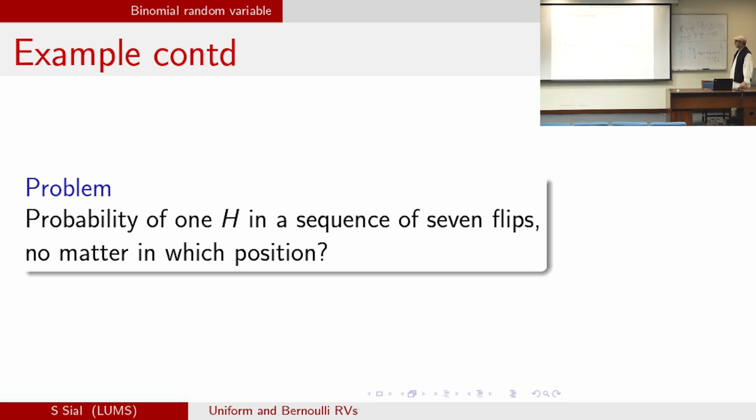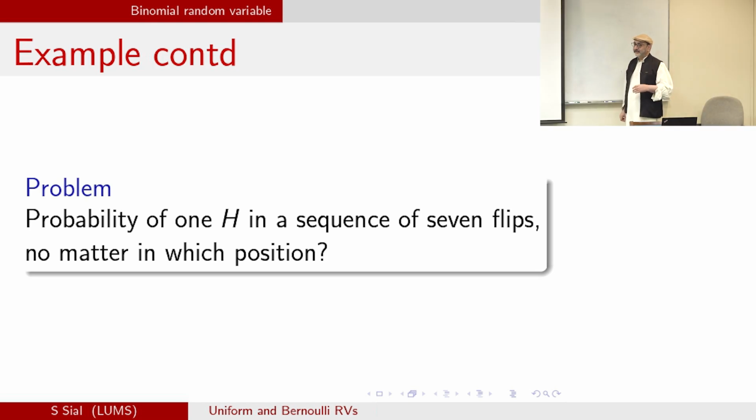Okay, so now let me ask you. What's the probability of getting 1 H and 6 T's, where it doesn't matter where that H goes? Well, we can think of that event as being broken up into different events, as the union of different events.